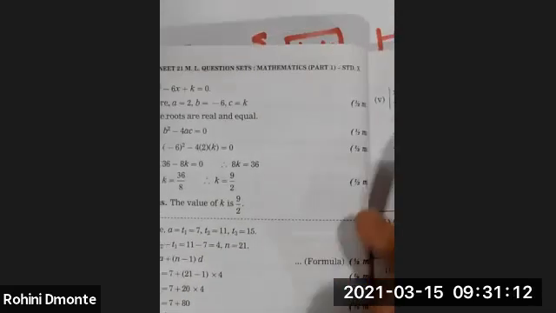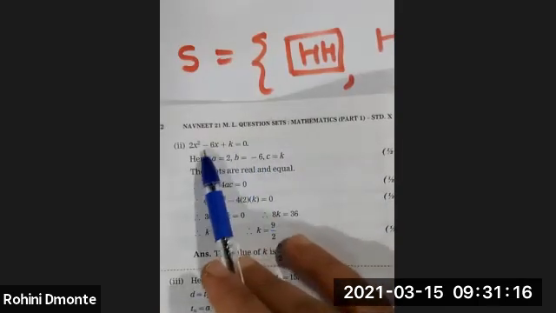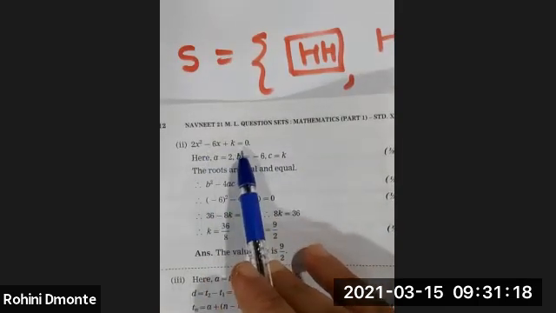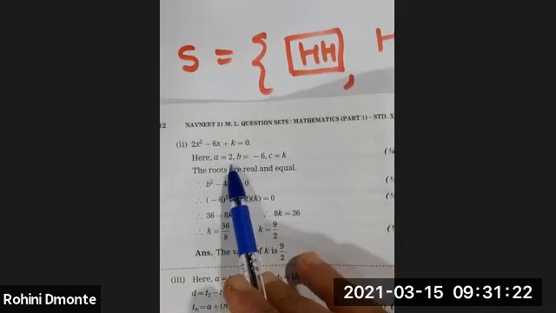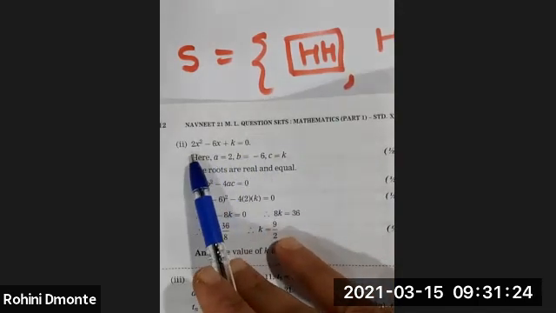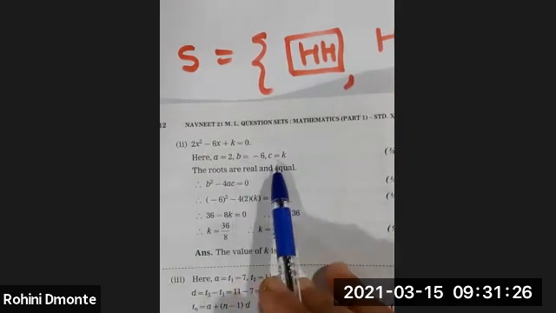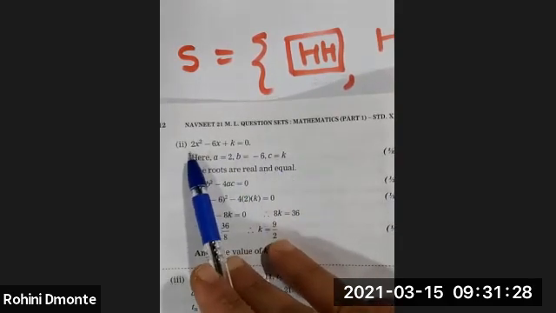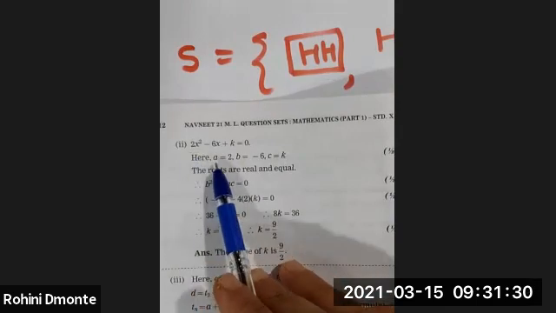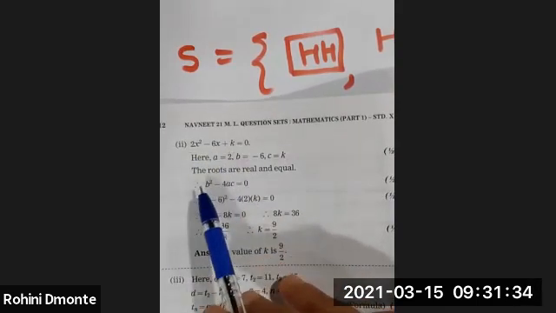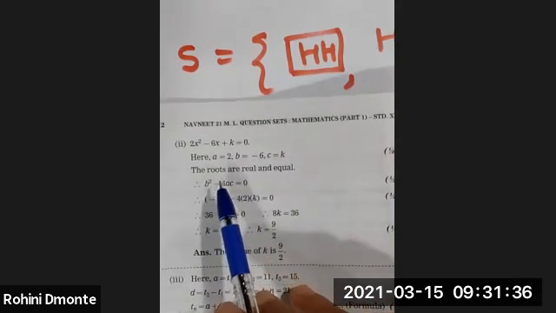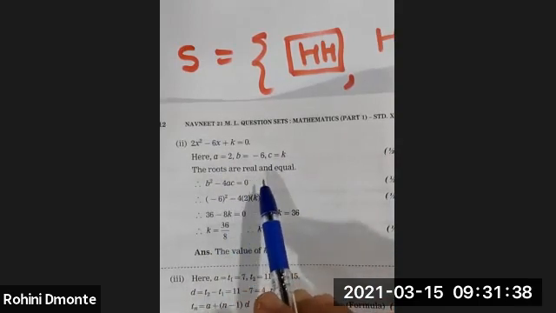Look here. First of all, write this quadratic equation as it is. When you compare this quadratic equation with the standard form, that is ax square plus bx plus c is equal to 0, you will get the corresponding values of a, b and c. Here value of a is 2, value of b is minus 6 and value of c is k. Now what is the condition given over here? The roots are real and equal.